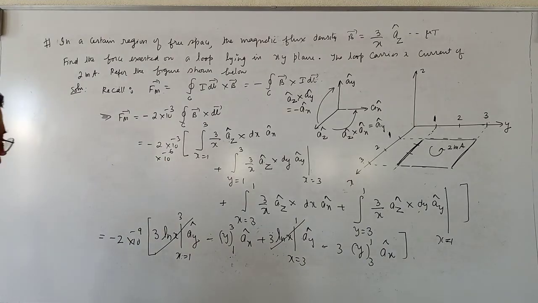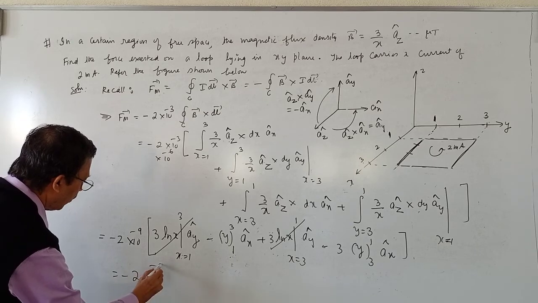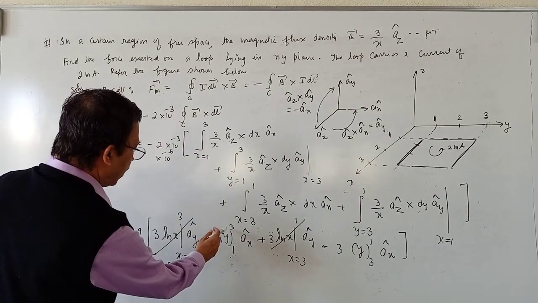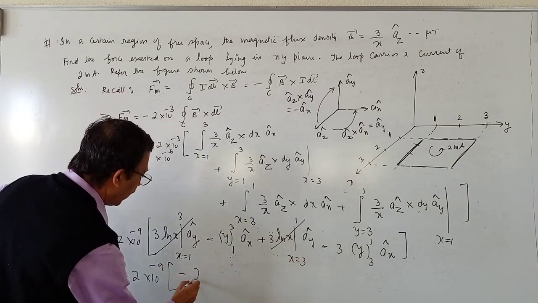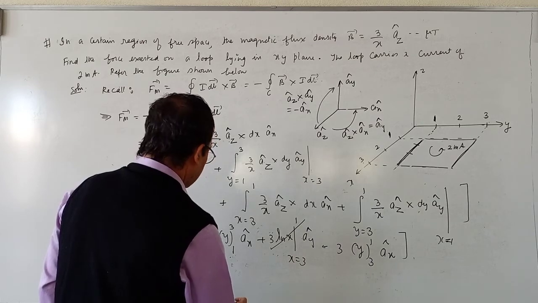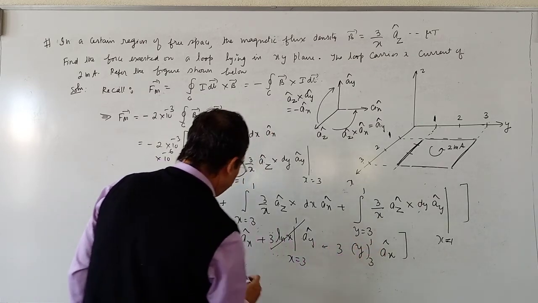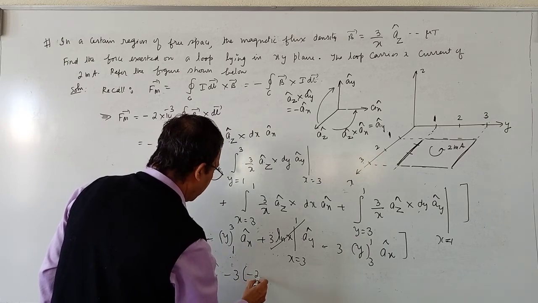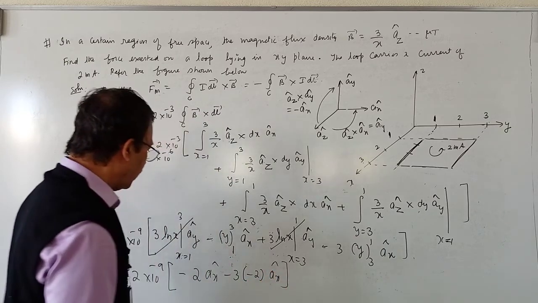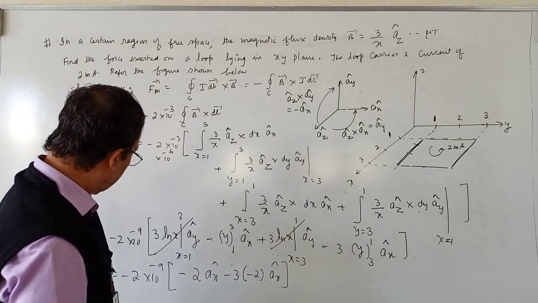So you will get minus 2 into 10 to the power minus 9. 3 minus 1 is 2, so minus 2 times Ax cap. Here, minus 3 into 1 minus 3; 1 minus 3 is minus 2 into Ax cap. So this becomes minus 3 into minus 2, which is 6. 6 minus 2 is 4.